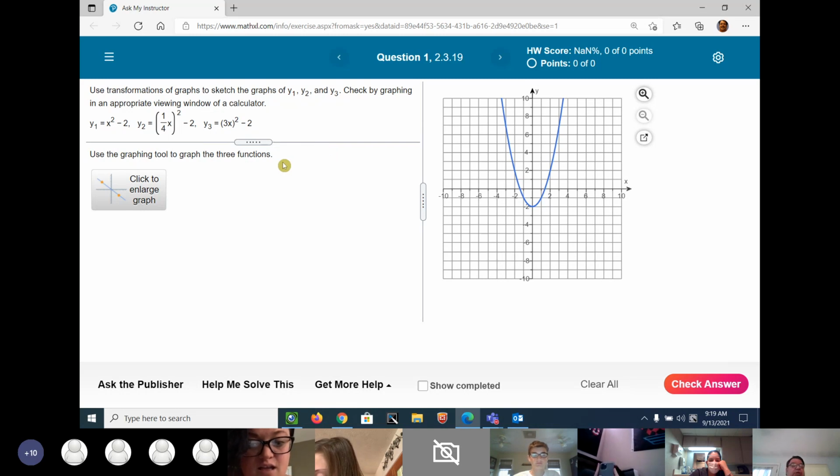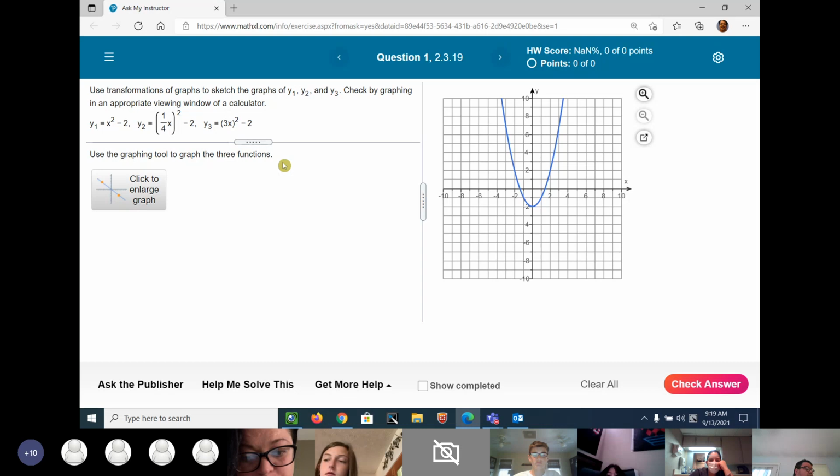Okay, so the first one says y sub 1 is equal to x squared minus 2. Y sub 2, I'm going to do it in a different color. Y sub 2 is equal to 1/4 x quantity squared minus 2.